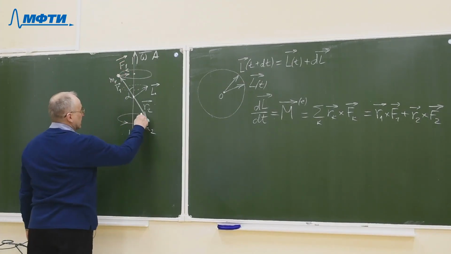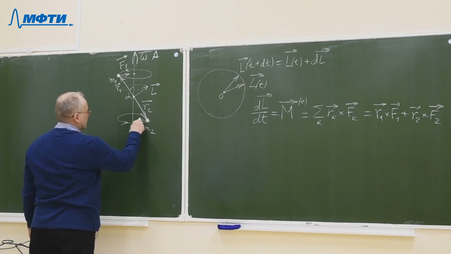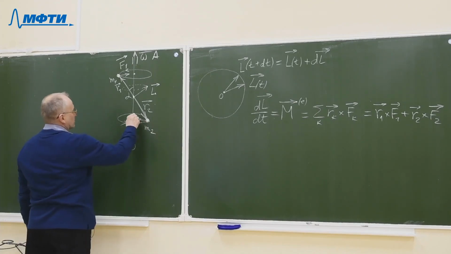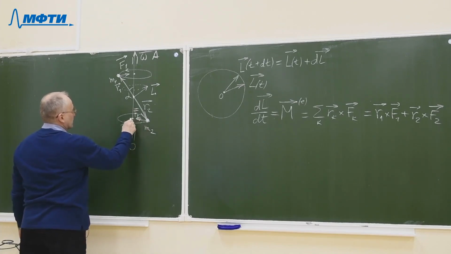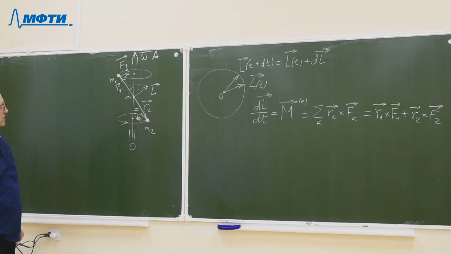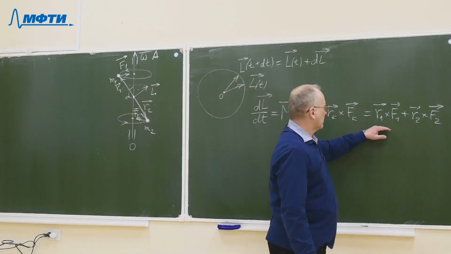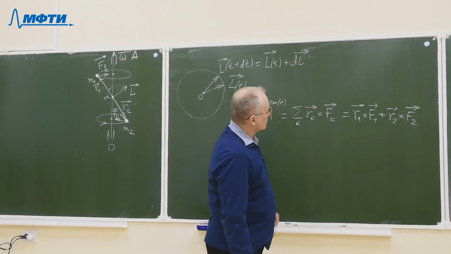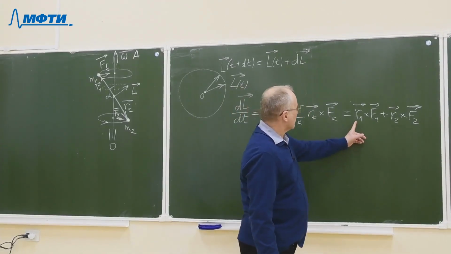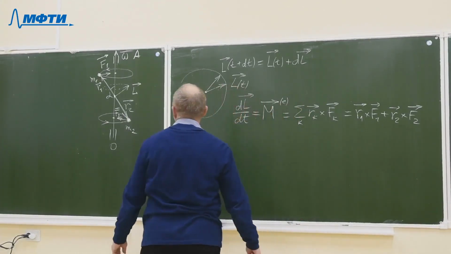And what force should act on the second body? Again, some centripetal force F2, which should be directed to the center of the circular trajectory. So we know every term in this equation.